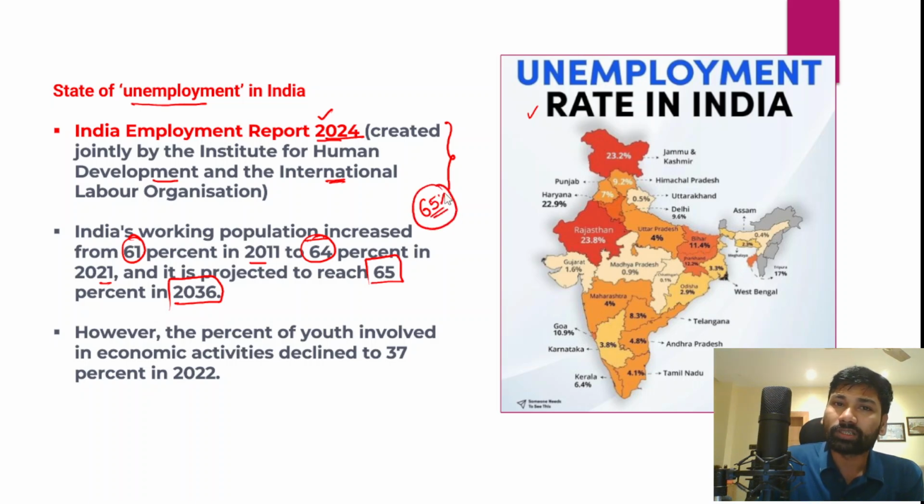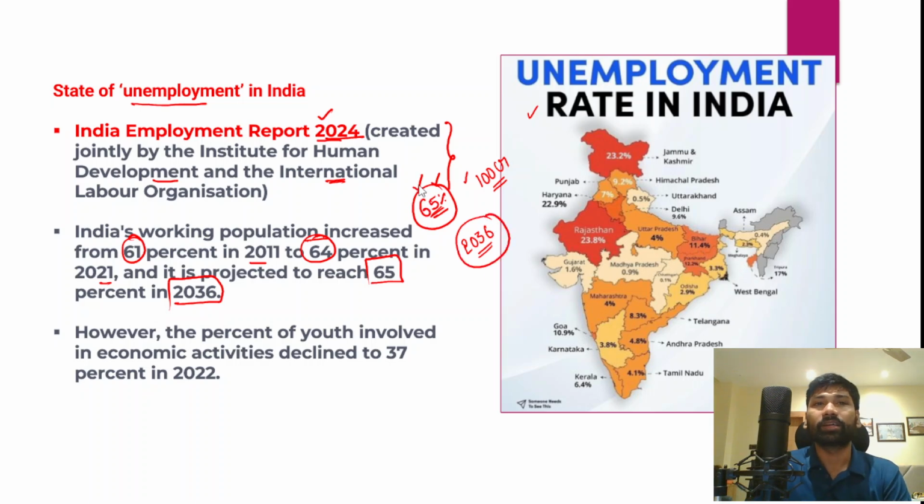It means the population who are actively part of economic activity is 65% of the total. Imagine India's population is 100 crore. By 2036 it is expected that 65% of India's population will be part of the working age population, right? So by 2036 around 65 crore people will be part of economic activity, if we take the population as 100 crore.